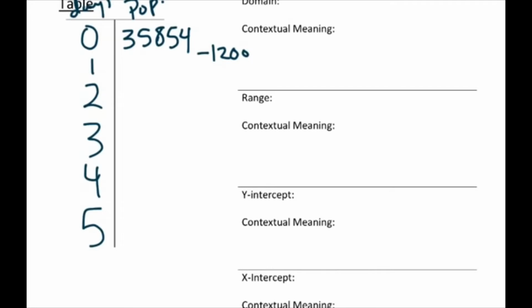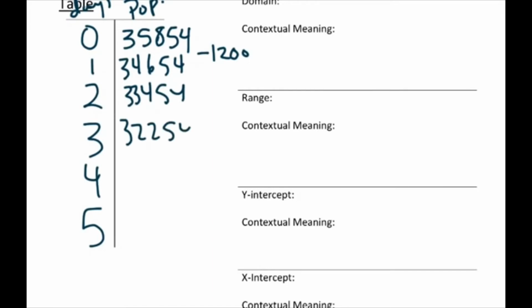So I go 35,854 minus 1,200. That gives me 34,654 after day 1. And then minus 1,200 again to get 33,454. And then 32,254. Then 31,054. And finally 29,854.